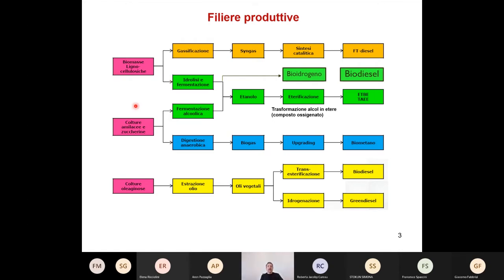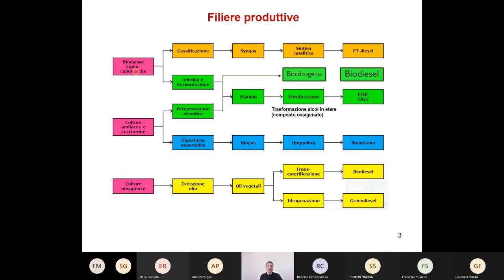And these are two very important pathways, and you will see that the pathway is more complicated. Of course, you start from a very hard biomass, very difficult to transform. So we complicate the process, but just to move towards sustainable biomass.